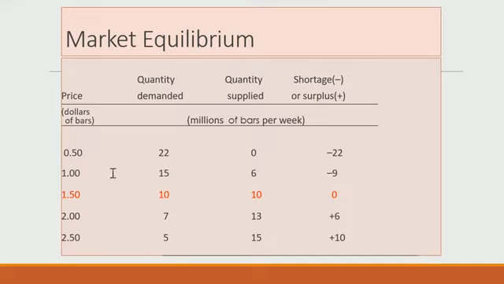On the other hand, the increase in price increases the quantity supplied, from 0 million bars to 6 million bars. When price increases further to $1.5, quantity demanded decreases to 10 million power bars, and quantity supplied increases to 10 million power bars. So at $1.5, quantity demanded equals quantity supplied.